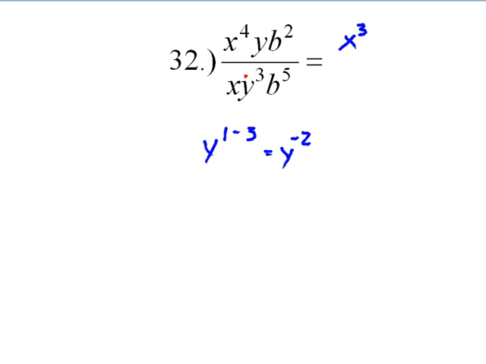Okay, a little process that may make this a little easier is if you just subtract them and put what's left where it is. So I have 1 here and I have 3 here, which means I have 2 left on the bottom. Now let's do the same thing with b. I have 2 up here, 5 down here.